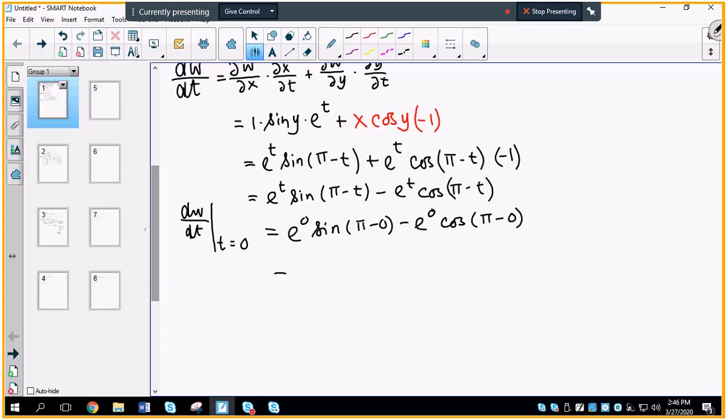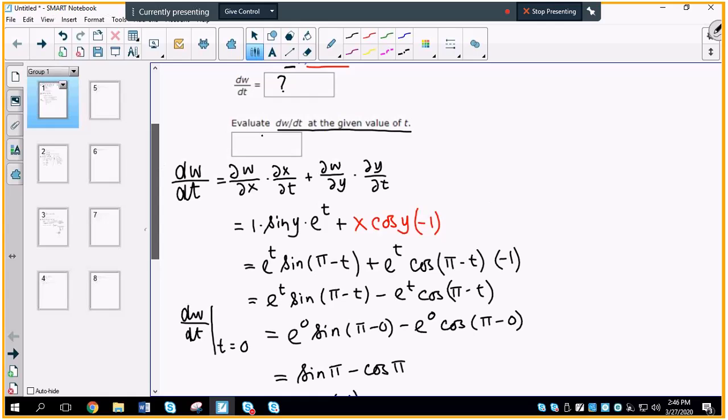So e to the power 0 is 1, so this is sine of pi, minus e to the power 0 is 1, so cosine of pi. Sine of pi is 0, cosine of pi is -1, so I get negative times negative, a positive 1, and that's my final answer to the second question. It is 1.